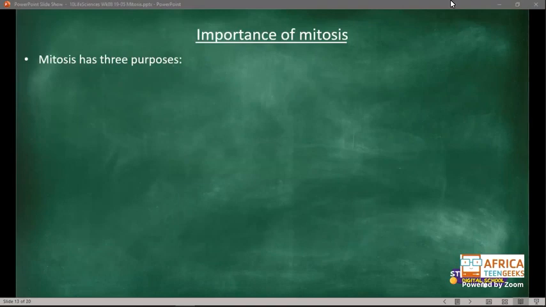So if it is cell division, why do we need many cells in our body? As human beings, why do we need many cells? Why do we need replication of cells? Is it for growth? Yes, we need to grow.